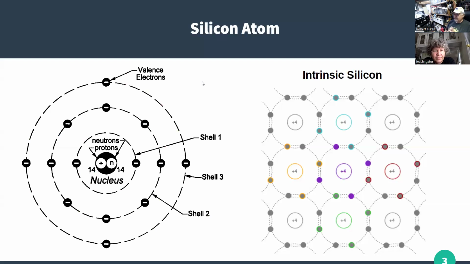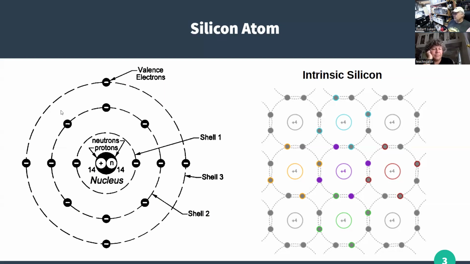Okay, so if we look at a silicon atom, you'll see that its outer shell has four what we call valence electrons. We call that the valence shell. And if you remember, there's an equal number of electrons and protons.